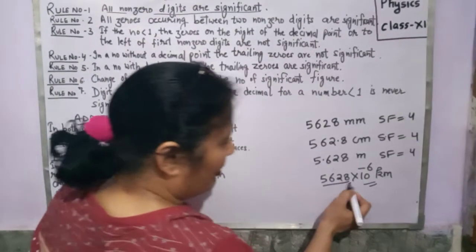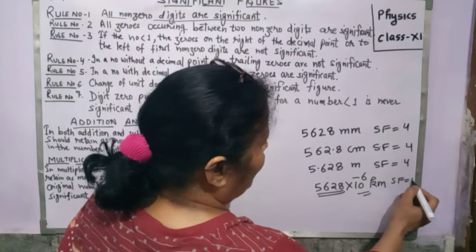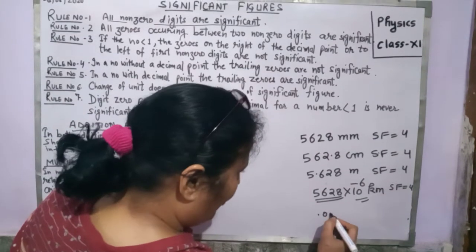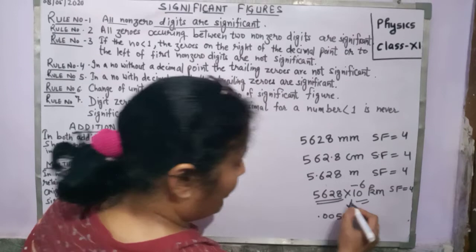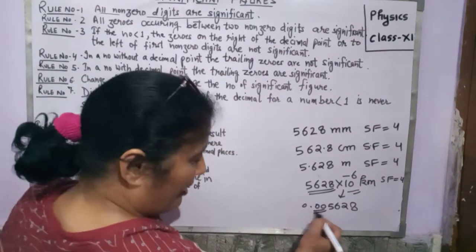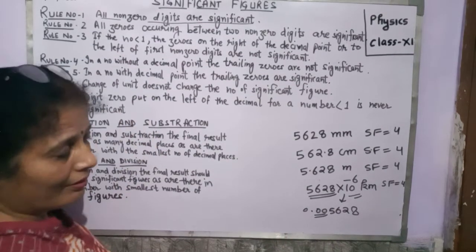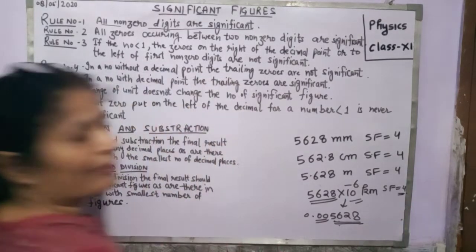The significant figures again remain the same, equal to 4. You can also write 0.005628 in this way. These zeros are insignificant because the number is less than 1 and these zeros are just after the decimal point. Then again the number of significant figures is 4.